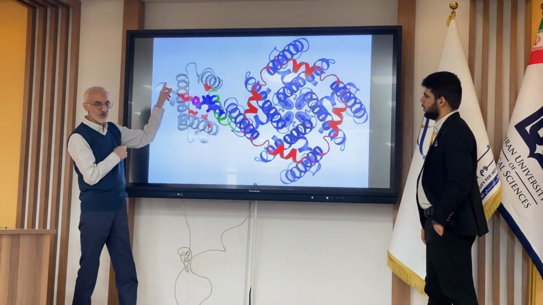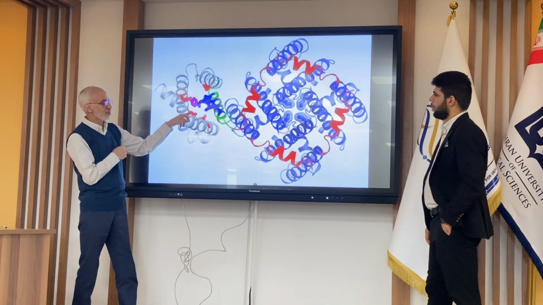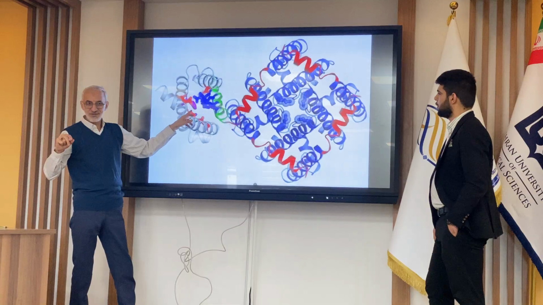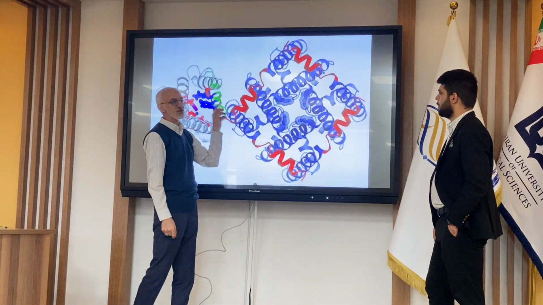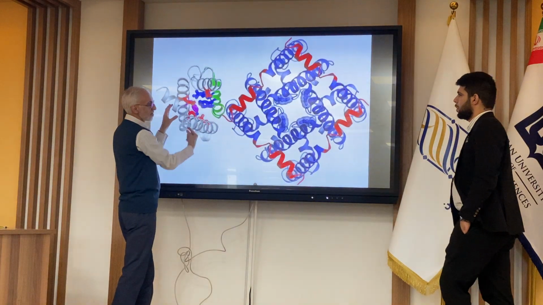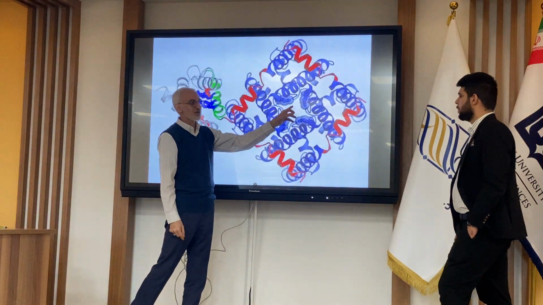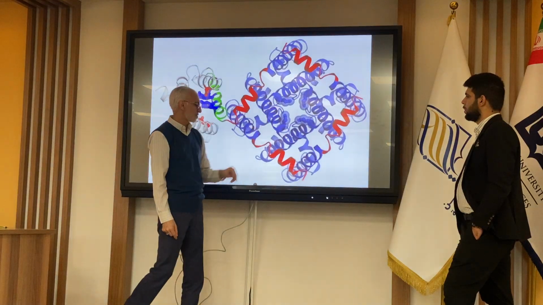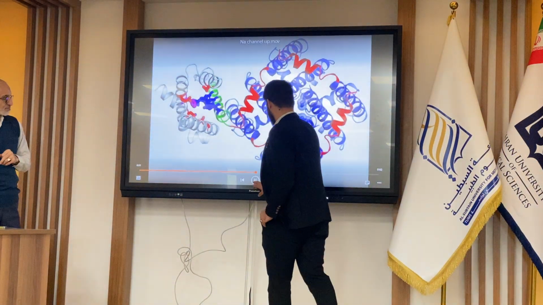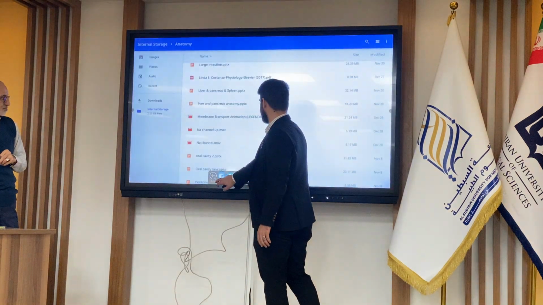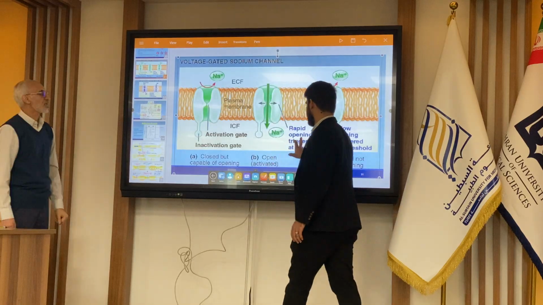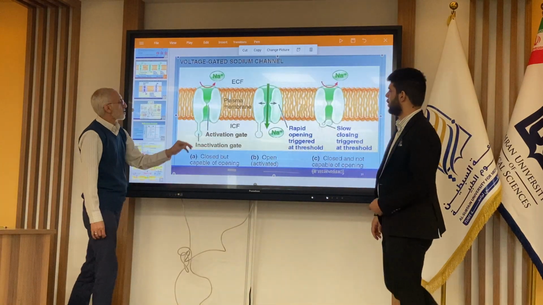It opens by changing the voltage. Remember, it opens by changing voltage. At a special voltage, this piston moves and opens the channel. This is the activation gate.